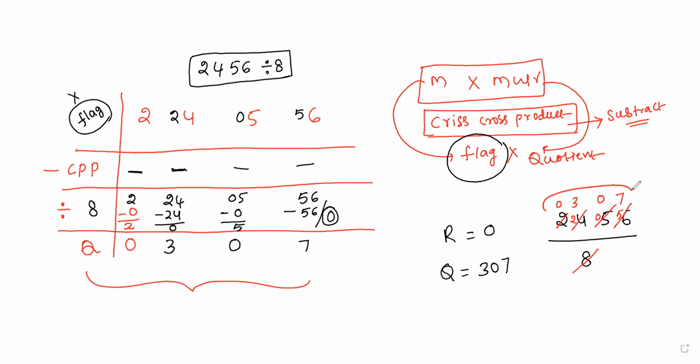So this will be the quotient and the remainder will be 0. Already we have discussed this one, but this structure is very important.